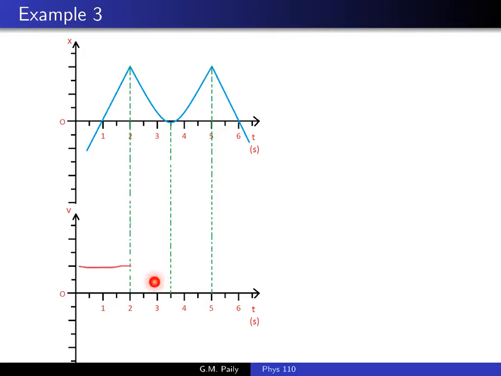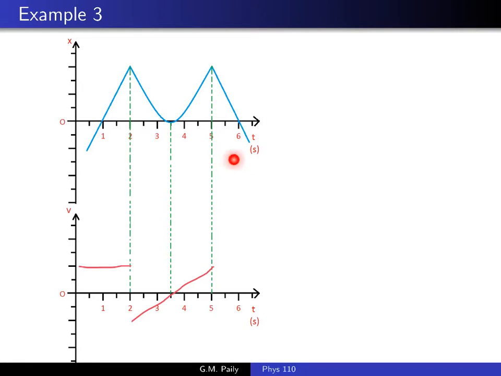If we try drawing a line like this, we see that the value starts out positive, goes to 0, and goes negative, which is not what we want. Negative slope, 0, positive slope. And so the line that we want must go negative value, 0, positive value. And so we have a straight line going negative to 0 to positive.